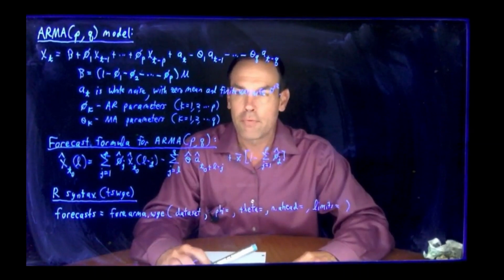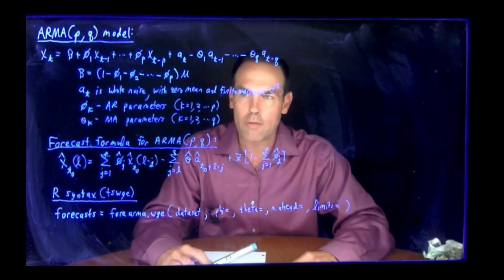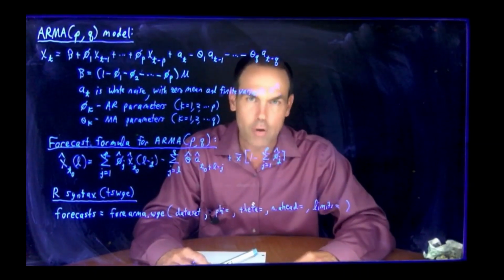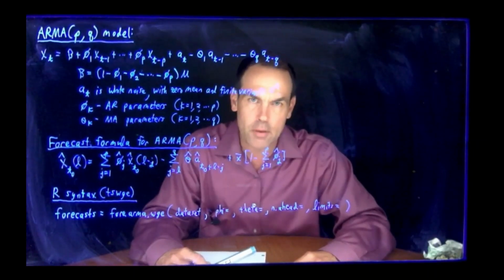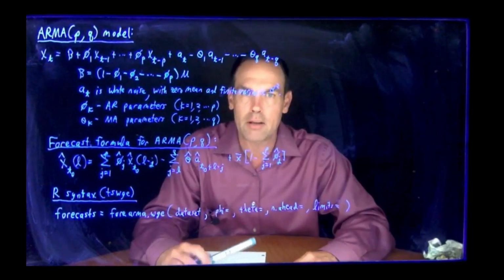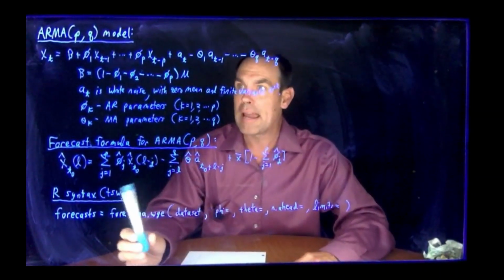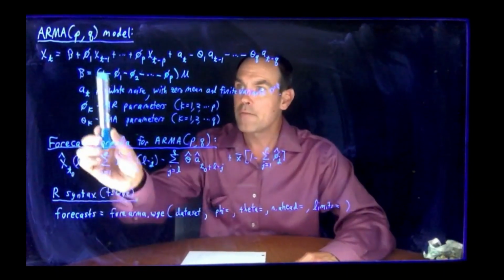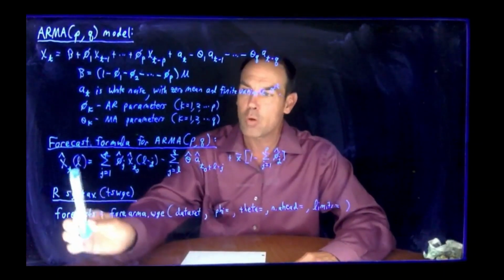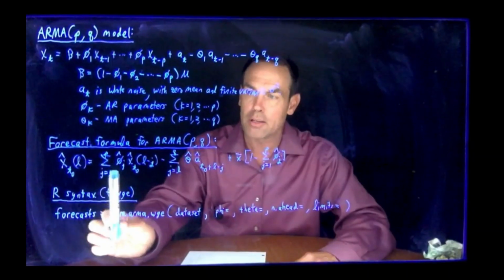Now, that makes our forecast formula for the ARMA(p,q) pretty straightforward, simply because we've already done this for the AR1, the AR2 and the AR(p). So it's not that big of a jump. So what would you do? Well, we're going to put this in summation form: x hat of t naught of L is the summation.